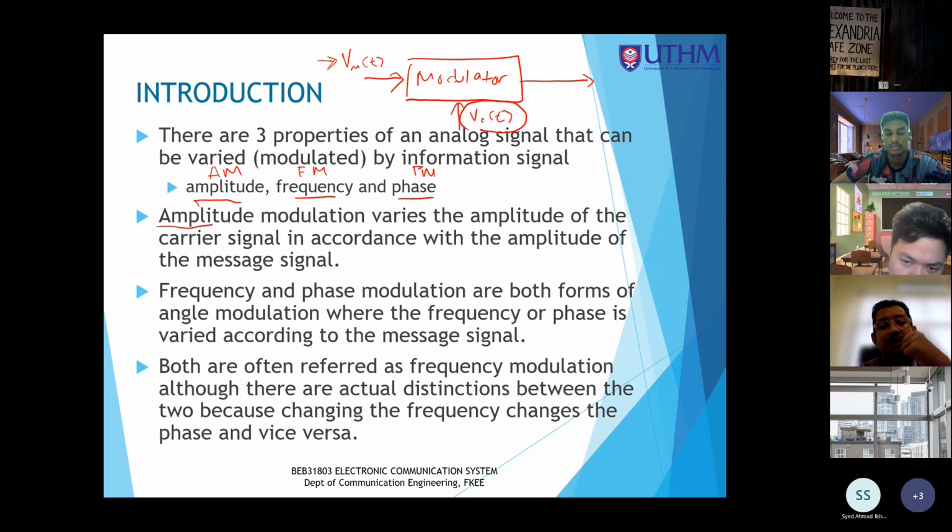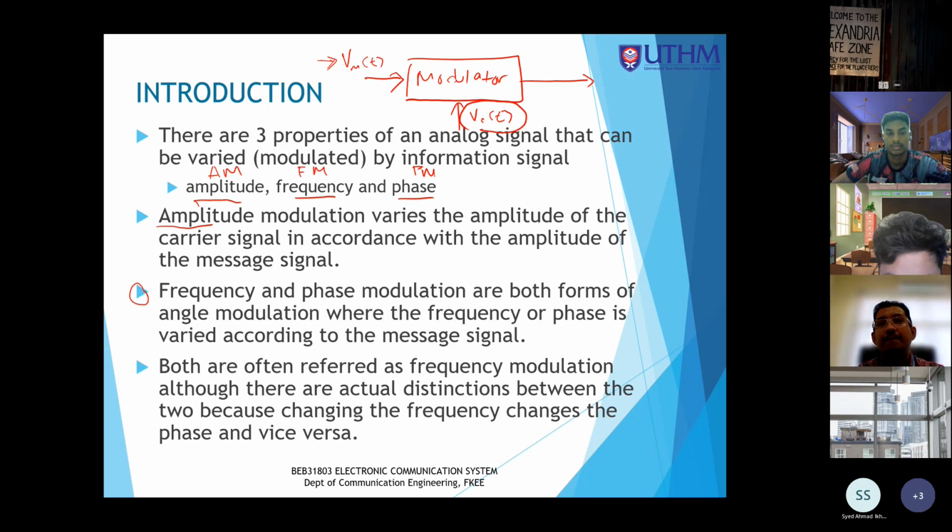Okay, manakala untuk FM, FM is the process of changing the frequency of the carrier in accordance with the amplitude variation of the input message signal. Okay, that's for FM.